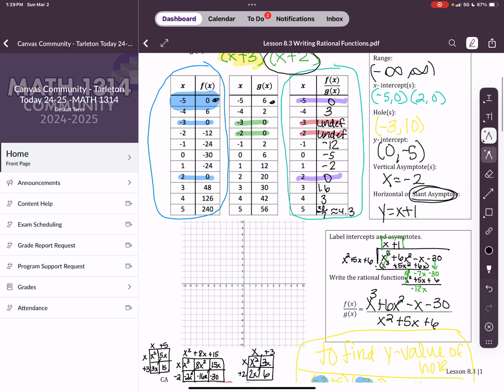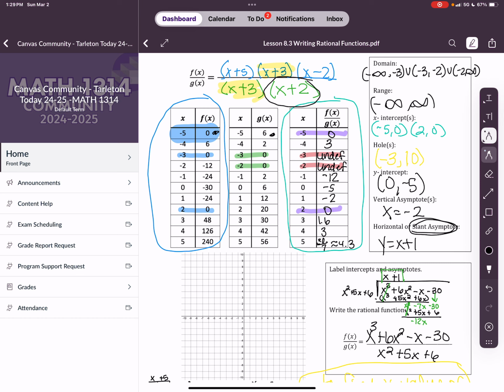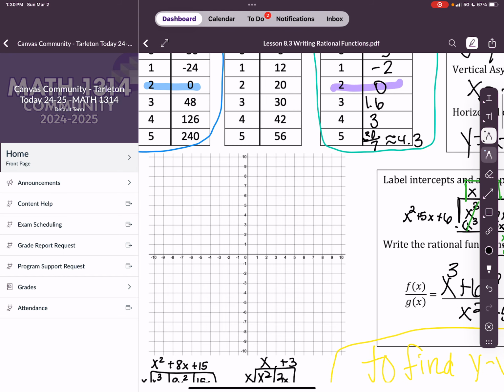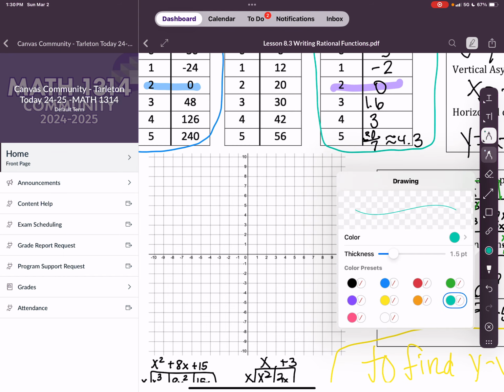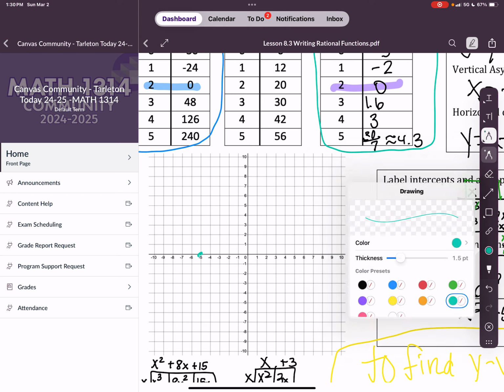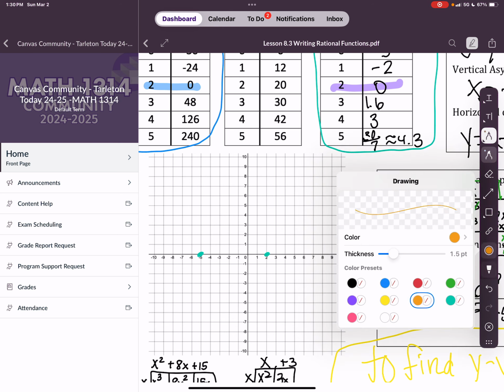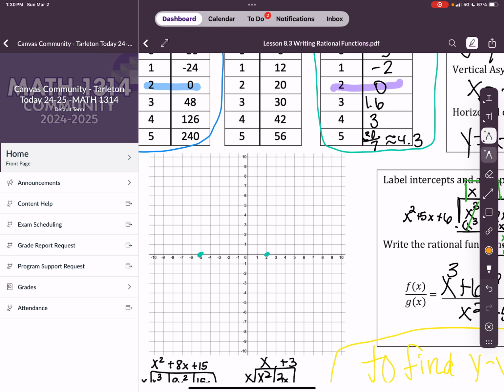So now I'm going to go in here and I'm just going to graph what I already have, okay? Just graph your intercepts and then your asymptotes, okay? So my x-intercepts were negative 5, 0, and 2, 0, okay? I have a hole at negative 3, 10, all right?